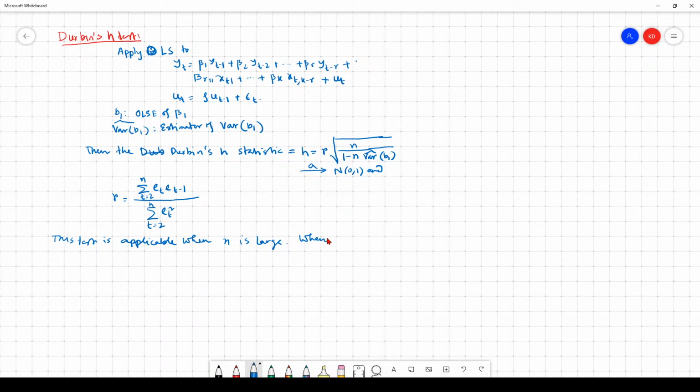When 1 minus n times var hat v1 is less than 0, then the test breaks down. In such a case, the following test can be adopted.